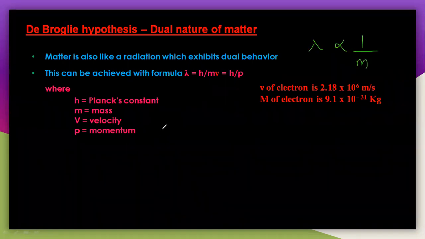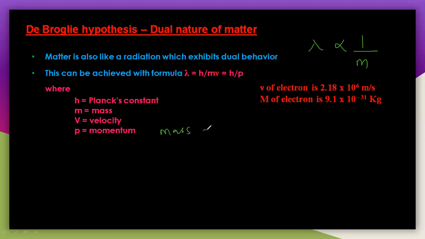Let us take, if the mass is very low, say 0.2 grams. Let us take again a mass of 50 kgs. If it is 0.2 grams and 50 kgs, what is the difference here?